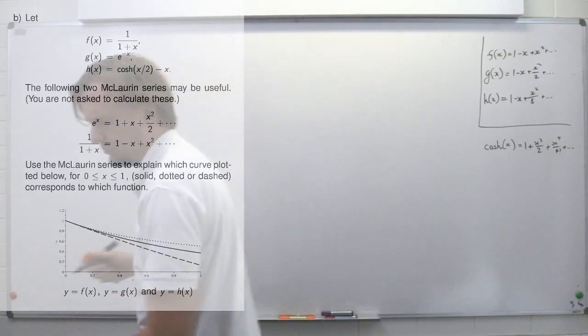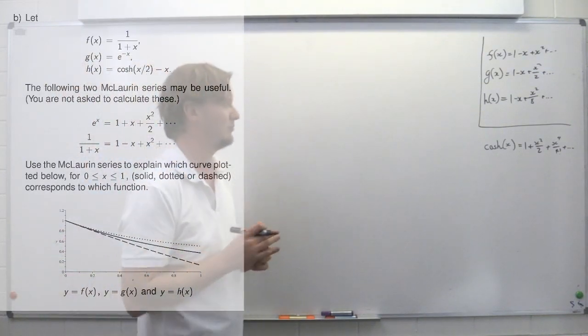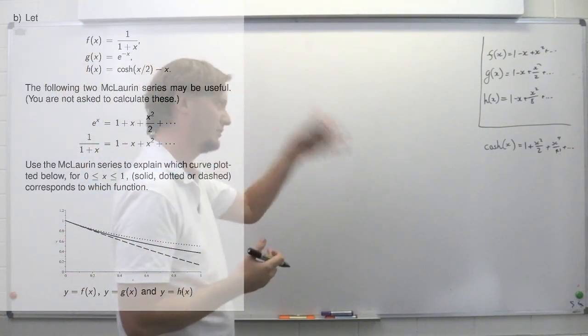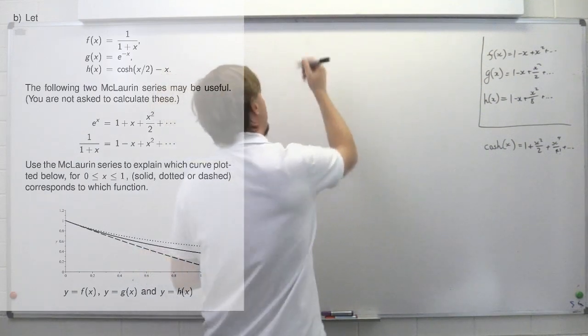Now, I really do want the person who's going to read my answer to understand what I'm trying to say, so I am going to write down what I said in words.